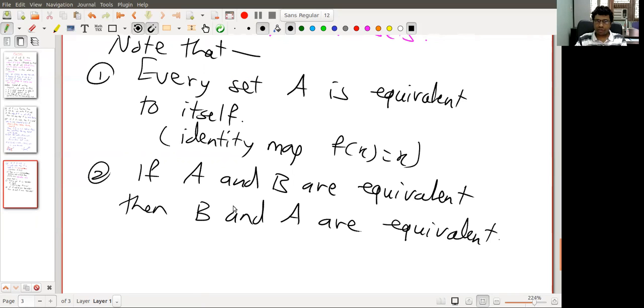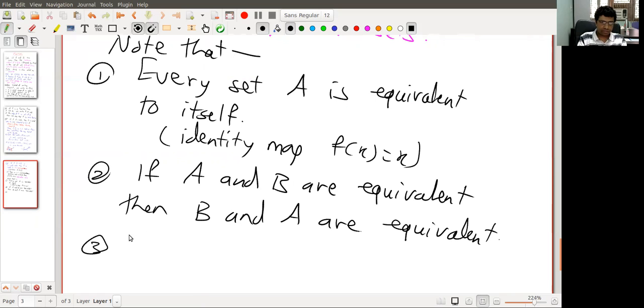So if f of a equal to b, then we can have the inverse map g from B to A, and we define g of b equal to a. So g is also one to one and onto, and this gives B and A are equivalent. This property is called symmetry.